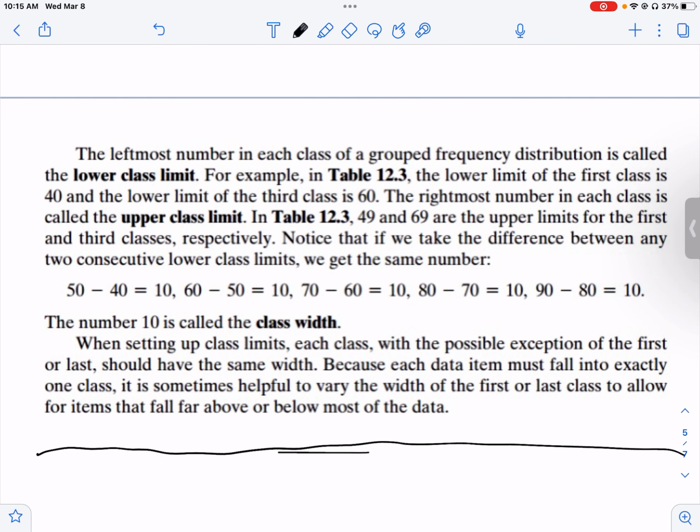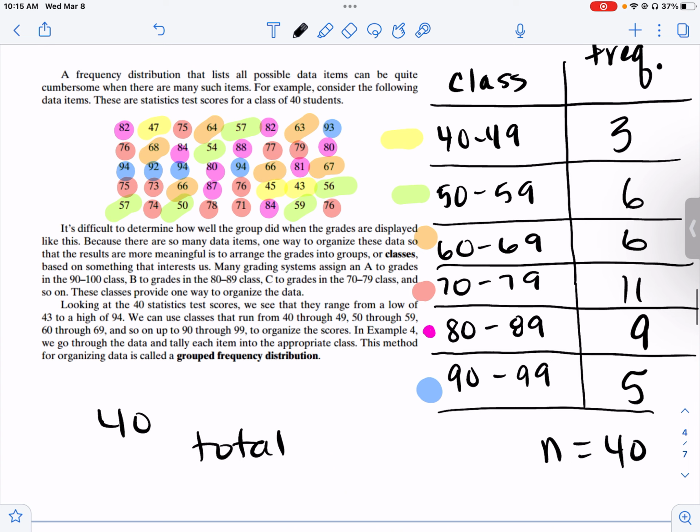Notice if you take the difference between any two consecutive lower class numbers, 50 minus 40, or 60 minus 50, 70 minus 60, it's how much is added to get the next left one.